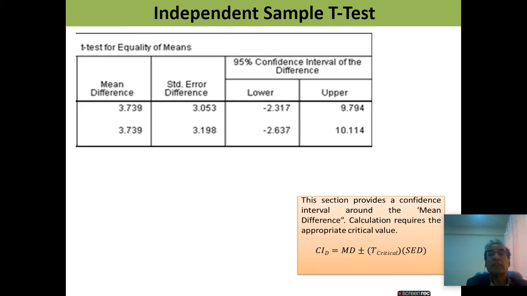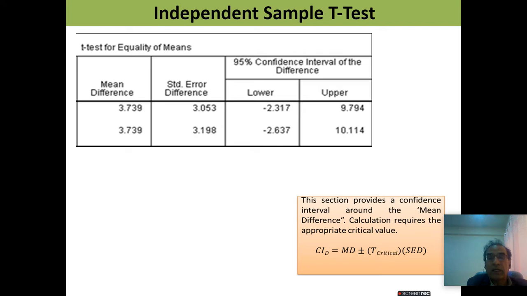Independent sample t-test. T-test for equality of means. First we find the mean difference, that is 3.739. The standard error difference is 3.053. We have to take the lower bound and the upper bound of the 95% confidence interval of the difference. This section provides a confidence interval around the mean difference.